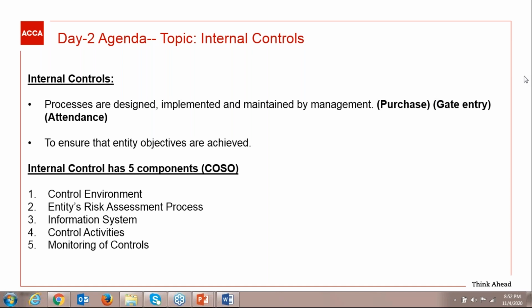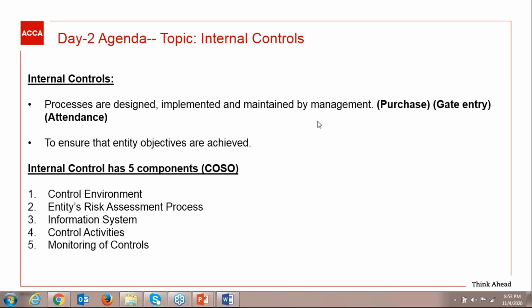I would like to know about your knowledge, about your thinking. So please give me your feedback about the definition of internal controls. What do you think it is? I need more feedback. I need more answers from your side.